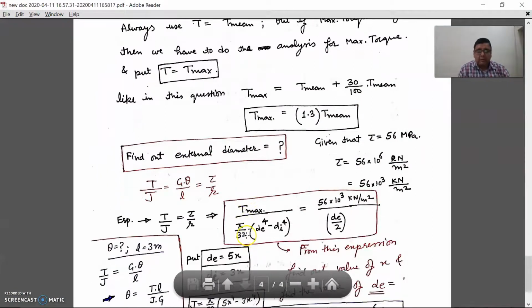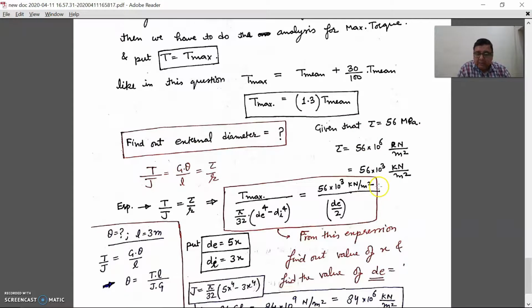So tau is given as 56, and T by J is equal to tau by R. Now how to solve: T is equal to T max, J is equal to pi by 32 into dE to the power 4 minus di to the power 4, equal to tau divided by external diameter divided by 2.